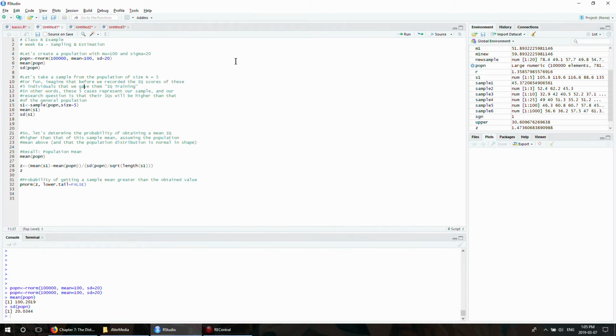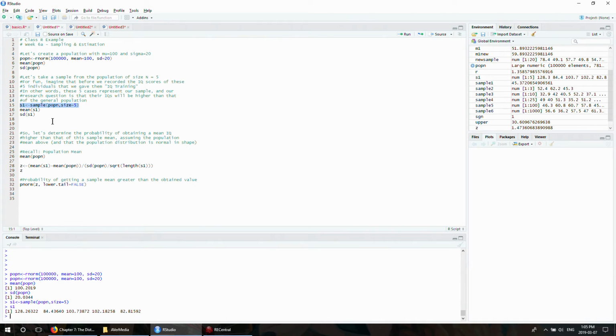And for fun, we want to imagine that they were IQ trained and see if their IQs are significantly higher than the general population. So S1, sample 1, will be assigned a sample from popn that's size 5. So run that, and let's just see what is in S1 by typing S1.